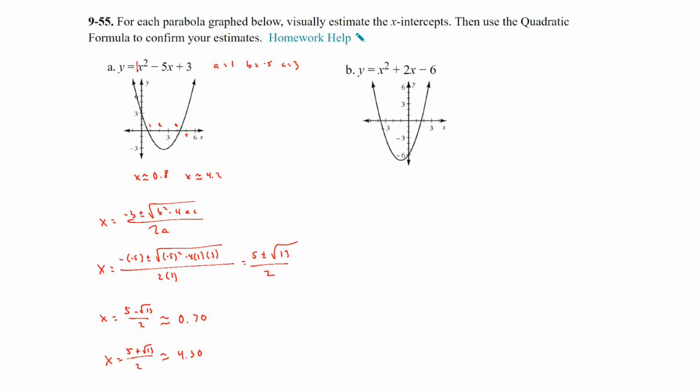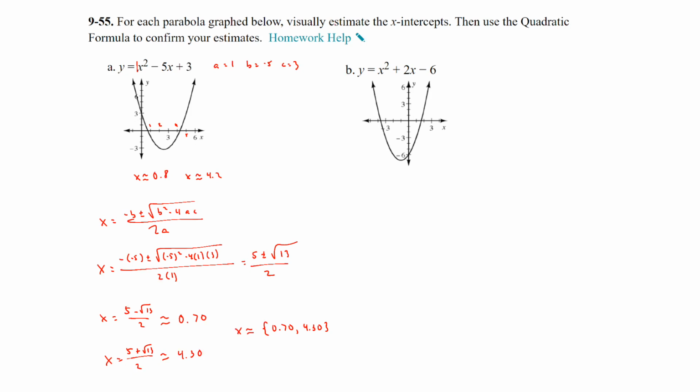And so there are the two answers that I got. So it looks like x is approximately 0.7 or 0.70, depending on how many places you decided to go out to, and 4.30. So I was a little bit off, a tenth off on both sides there. But in terms of where it was on the graph, we could tell it was somewhere in between 0 and 1, but closer to 1.